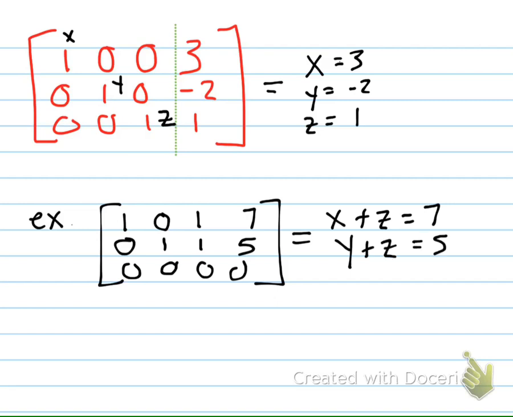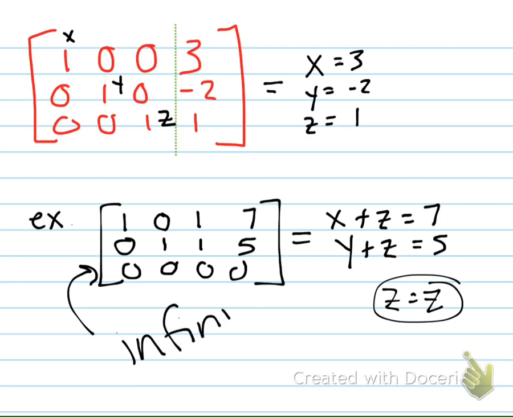And that was because I had a z equals z. My z's canceled out somewhere. Z is all real numbers, and then the x and y's that go along with z's are all real numbers. And so that's an infinite solution situation. So when you have a row of zeros, that's your infinite solutions.